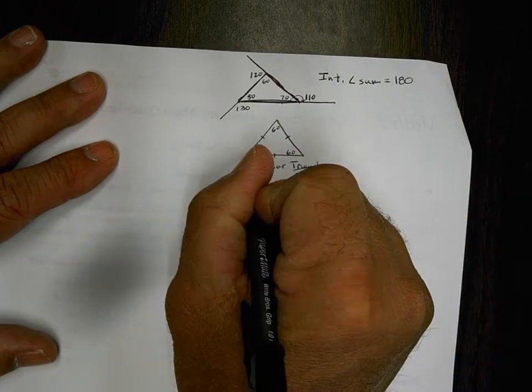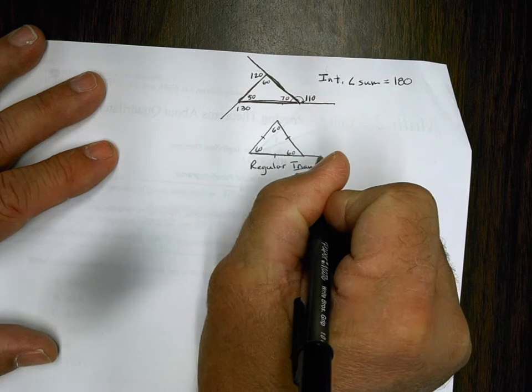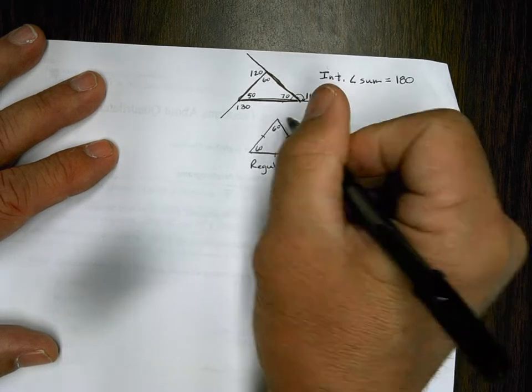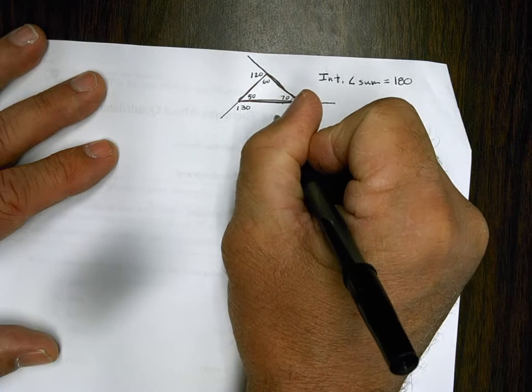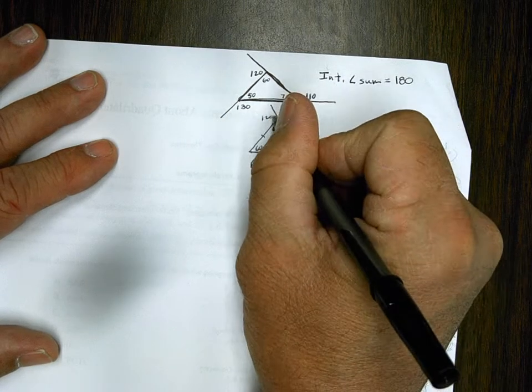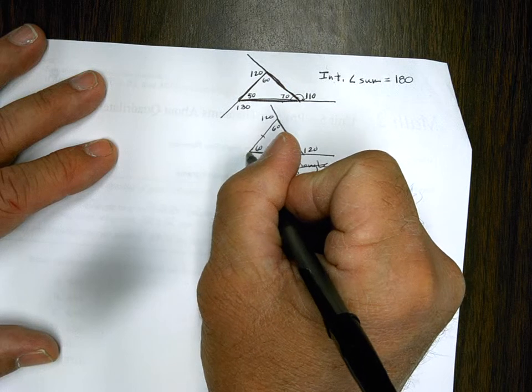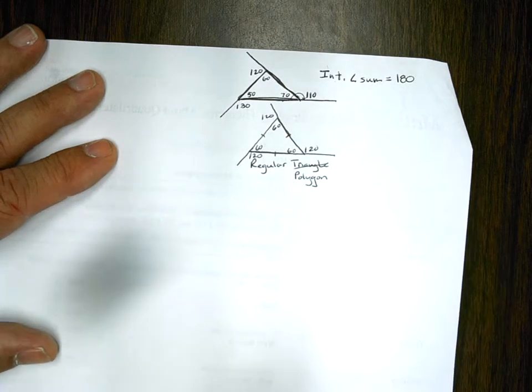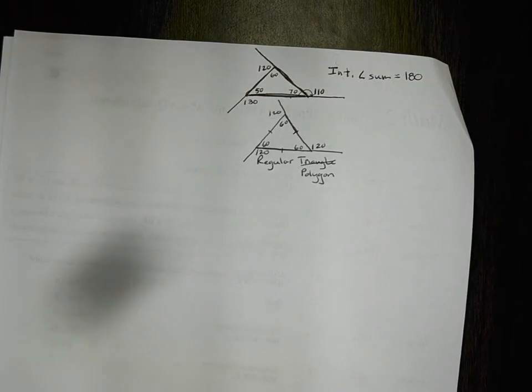Okay, and then let's just go ahead and extend these sides. 60, so this must be 120. 60, 120. And of course 60, 120, right? So now we can see that the exterior angles of a regular polygon are also all congruent.